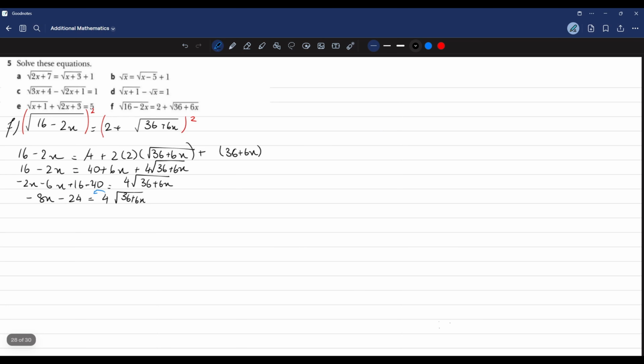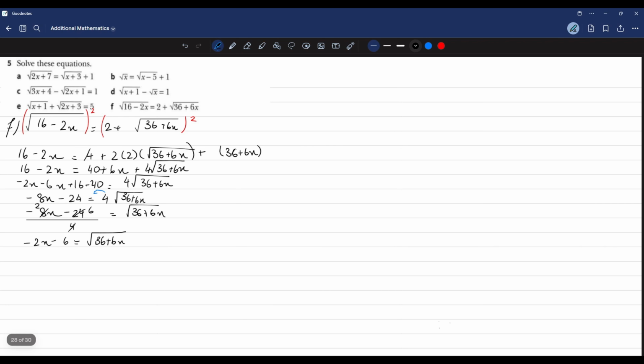So we get negative 8x minus 24 divided by 4 is equal to the square root of 36 plus 6x. Okay. Now proceeding forward, 4 ones are 4, 4 twos are 8 and 4 sixes are 24. So we have got negative 2x minus 6 is equal to the square root of 36 plus 6x.